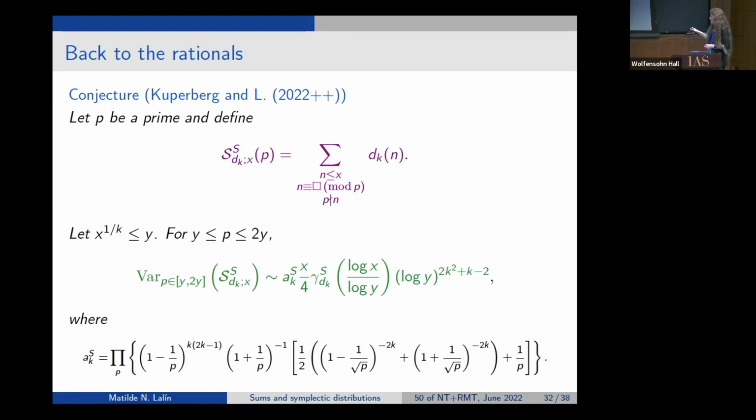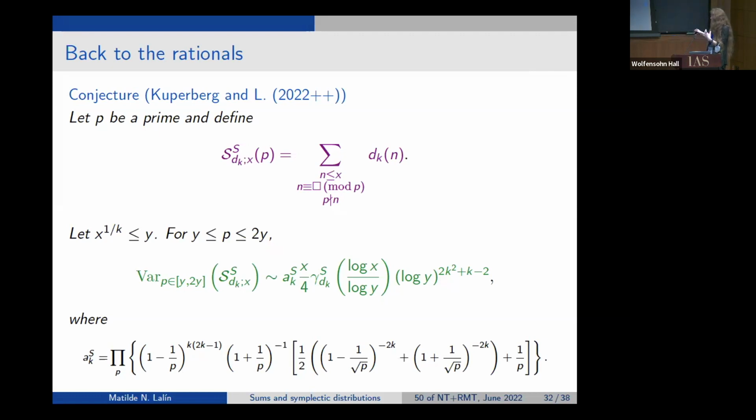And so what we speculate is that if we consider the variance of this, taking p between y and 2y, say, it should be given by a formula like that. So it's a_k, an arithmetic term now coming from the symplectic distribution. So given by this formula.